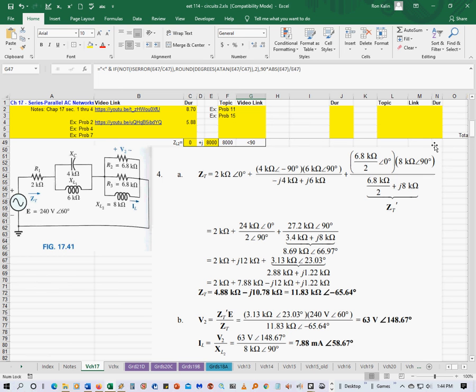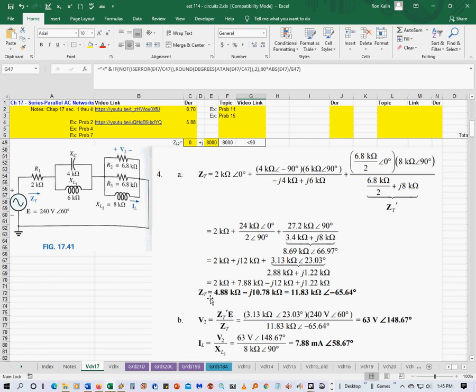They took this piece and found out that it was equal to 2.88K plus J1.22K, and then the polar form is here. To get V2, you have to take the impedance that you're looking across, which is Z sub T prime, multiply times the input voltage, and then divide by the total impedance.